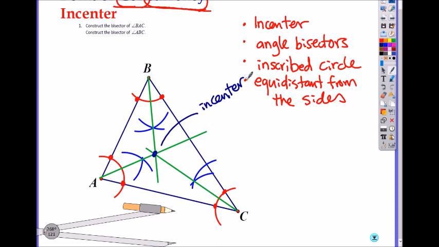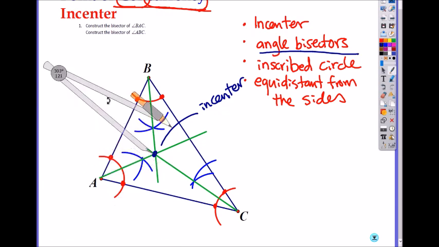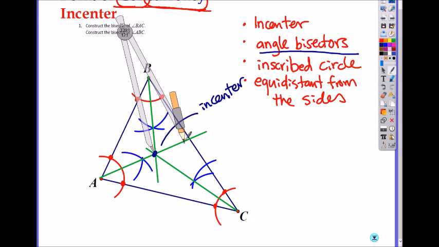What did we do? We constructed angle bisectors. And now, guys, watch this carefully. Once you have the incenter, you go to the center, and now you open your compass and make the radius how wide until it hits the side.